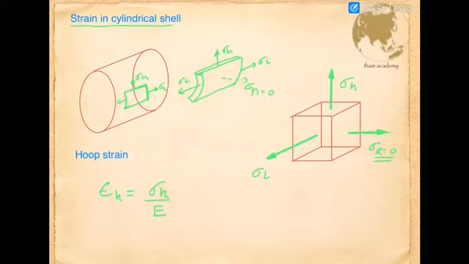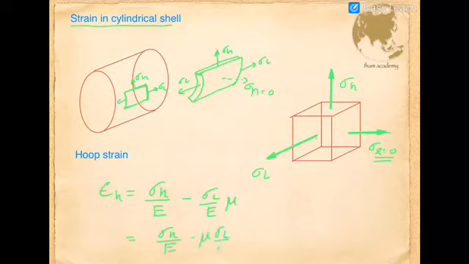But there is a lateral strain produced because of sigma l. Sigma l is tensile in nature, so we can say it will oppose the strain in the direction of sigma h. So minus sigma L divided by E into mu, Poisson's ratio.